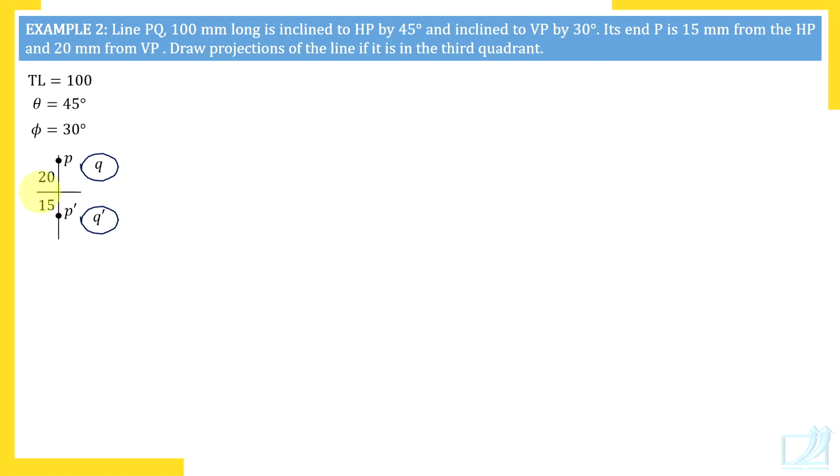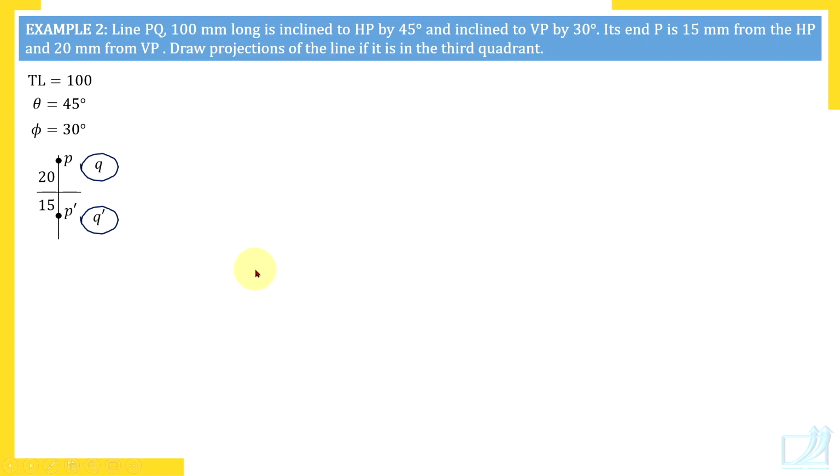If there are no 5 or more measurable details, then it means there is not enough information. Remember this, that is insufficient data case. So minimum 5 measurable details will be given to you when a line is inclined to both the reference planes. Very important to remember.